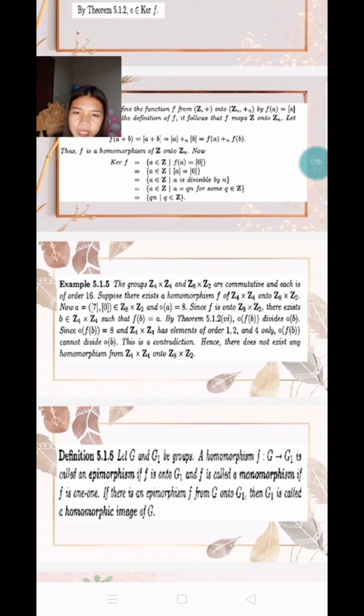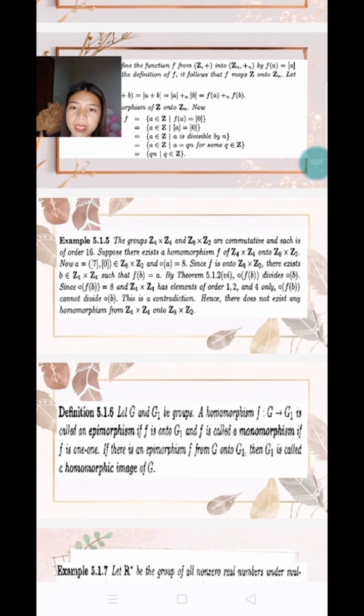Since f is onto Z sub 8 cross Z sub 2, there exists B, an element of Z sub 4 cross Z sub 4, such that f(B) is equal to A. By theorem 5.1.2 in number 6, the order of f(B) divides the order of B. Since the order of B is at most 4, this is a contradiction.